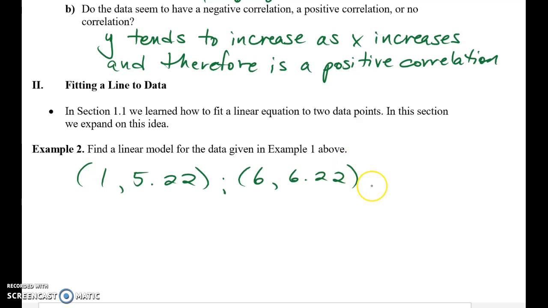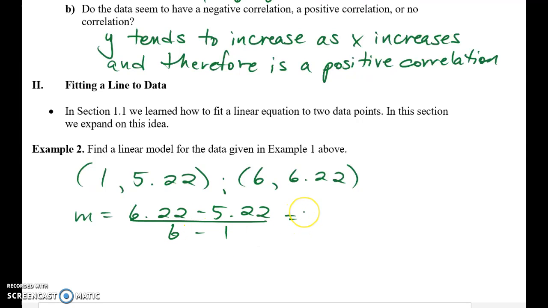From here, we'll use what we are very familiar with, or at least should be at this point, and that is coming up with the point slope and maybe also the slope-intercept form. We'll find the slope first. I'll take 6.22 minus 5.22 and divide that by 6 minus 1, which in turn yields 1 over 5.